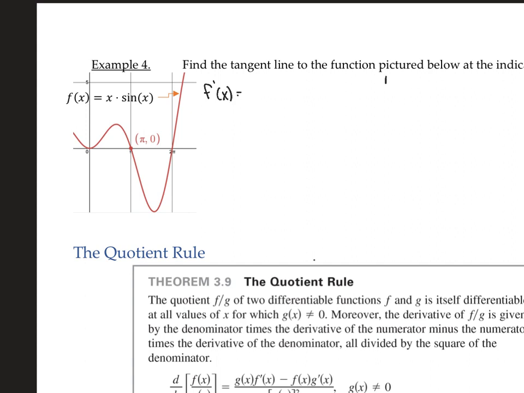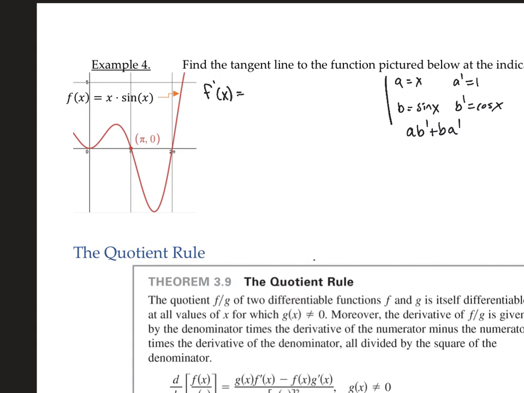And if you want to use the ABBA strategy, our a would be x and our b would be sine x, our a prime would be 1 and our b prime would be cosine x. So to use the ABBA strategy, you would do a b prime plus b a prime.